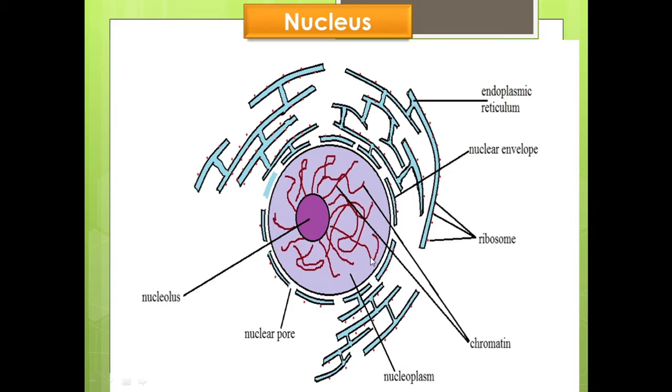Then we have the ground substance, known as nucleoplasm. In nucleoplasm, chromatin is there, and a dense looking structure is the nucleolus. Everything in detail we will see in the next slides.